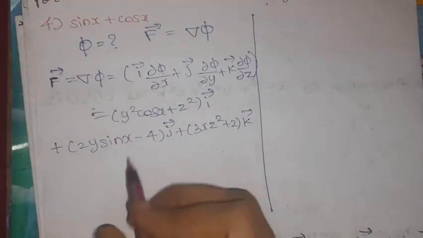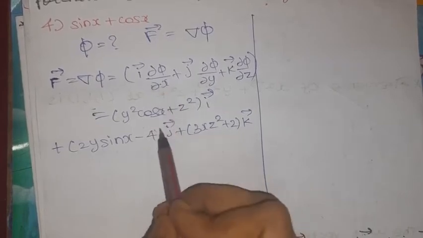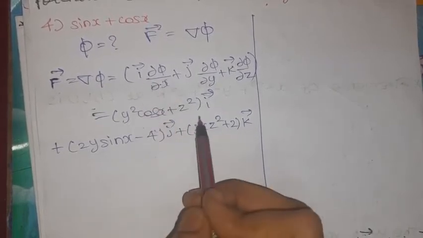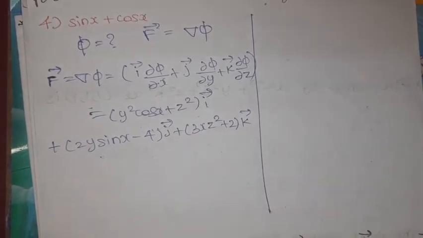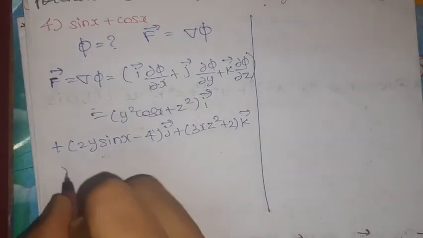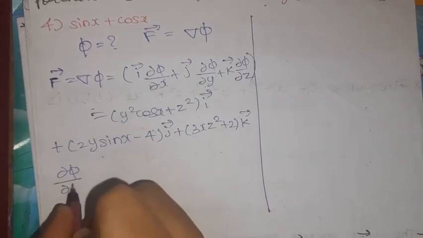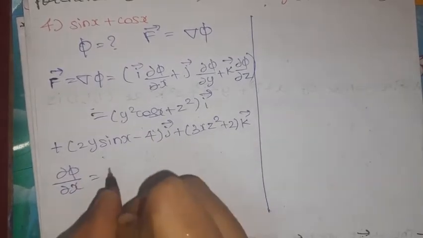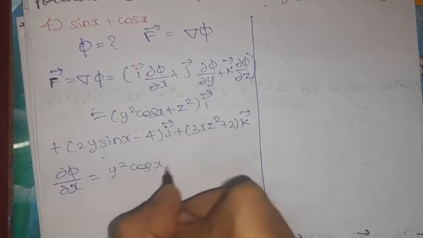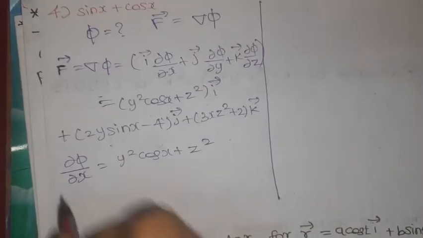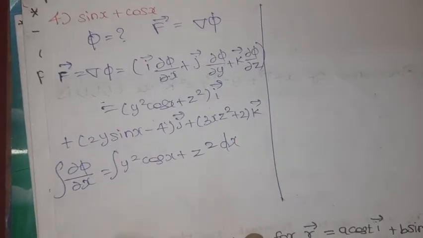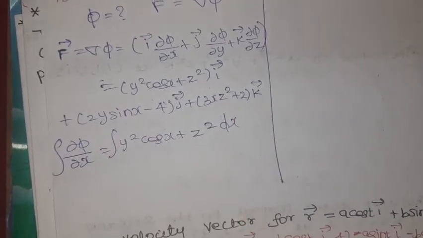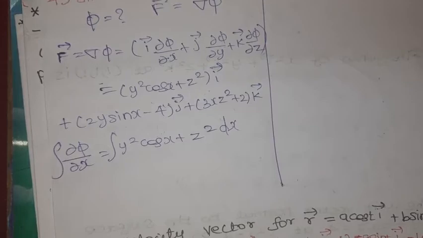Then equate these: dou phi by dou x equals this term, dou phi by dou y equals this, dou phi by dou z equals this term. Dou phi by dou x equals y squared cos x plus z squared. Just integrate with respect to x, keeping y and z constant.